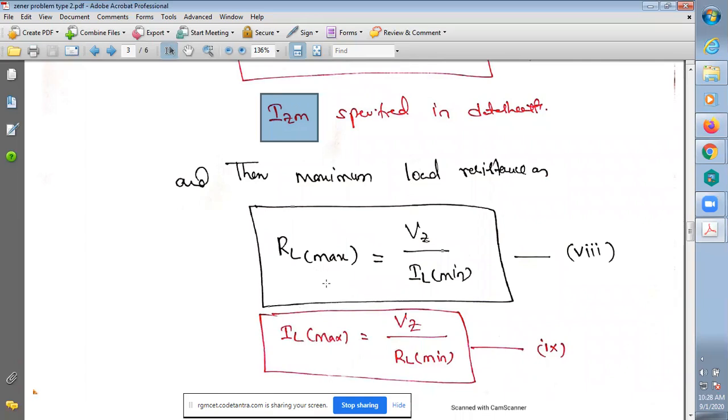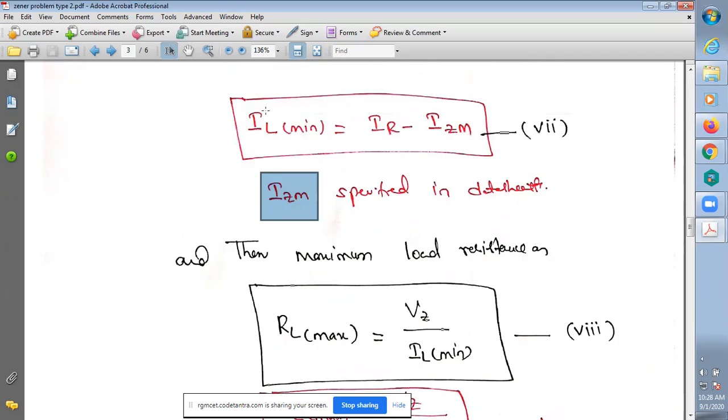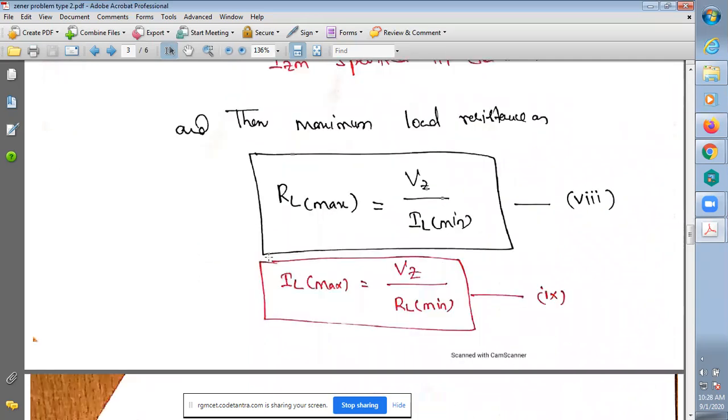By using this relation, IL maximum is equal to Vz by RL minimum. So IL minimum is equal to IR minus IZM. IL maximum is equal to Vz by RL minimum. Then RL maximum is equal to Vz by IL minimum.